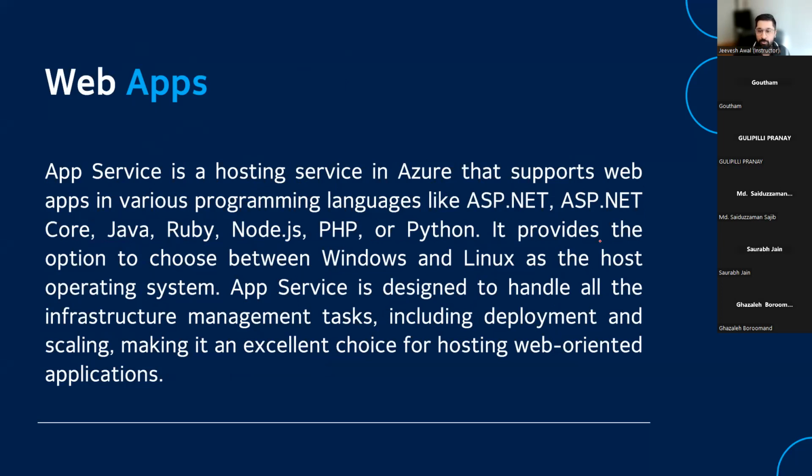So you can see you can choose Windows or Linux, but again, you do not have the same flexibility that you have in IIS, right? You could say, okay, I want to run PHP on Windows. You cannot say very specifically, this is the version of Windows that I want to run. So in simple words, app service is designed to handle all the infrastructure management tasks, like deployment and scaling, making it an excellent choice for web hosted applications.